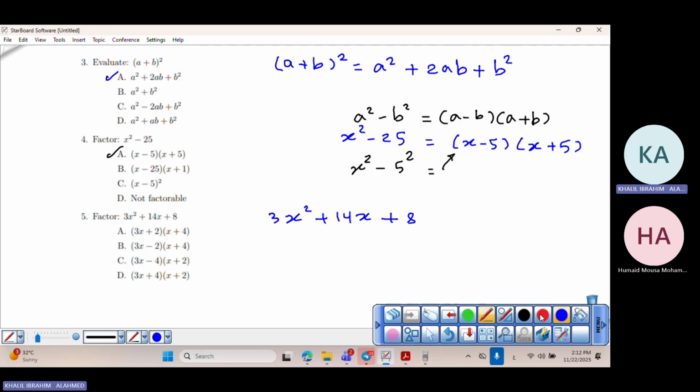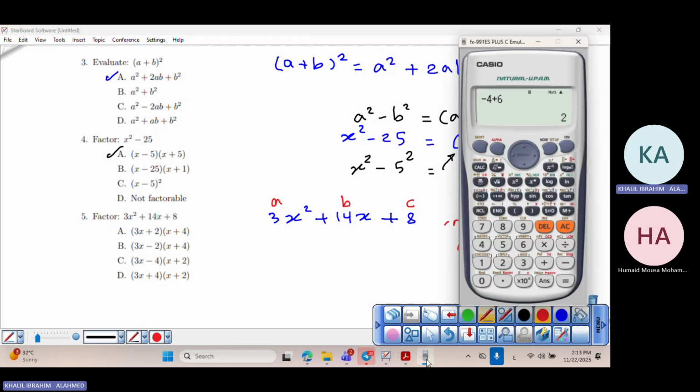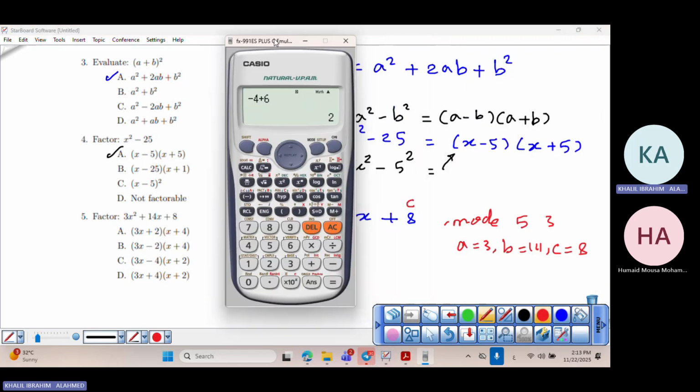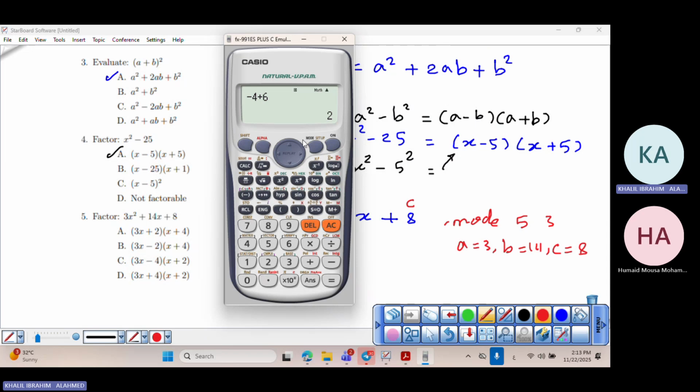It's easy to use a calculator here because a equals 3, b equals 14, c equals 8. I will explain step by step using the calculator, then using the scissor method.